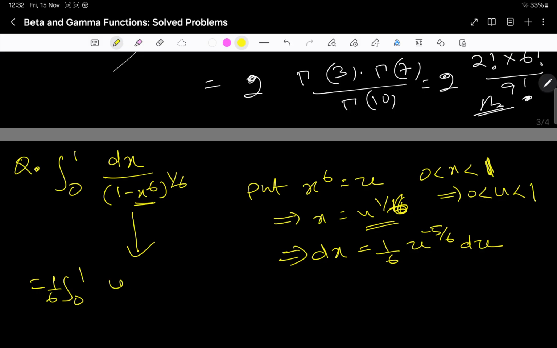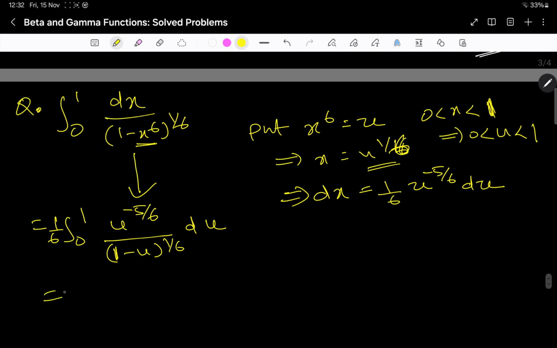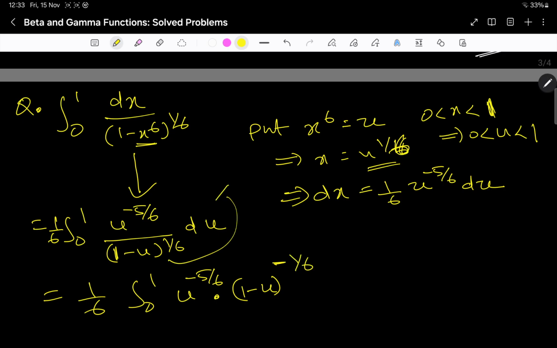Dx will be u to the power minus 5 by 6 divided by 1 minus u to the power 1 by 6 du. So now this will be 1 by 6 integral 0 to 1 u to the power minus 5 by 6 into 1 minus u to the power minus 1 by 6. This is taken to numerator.